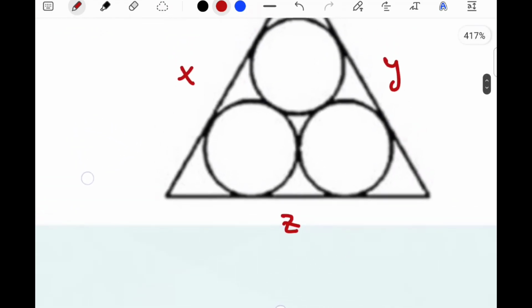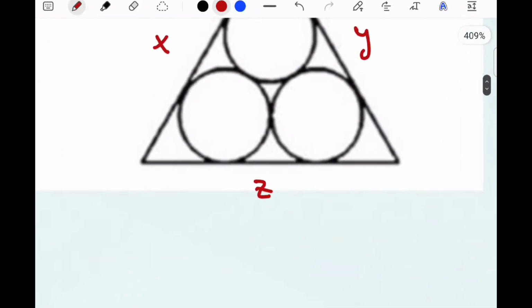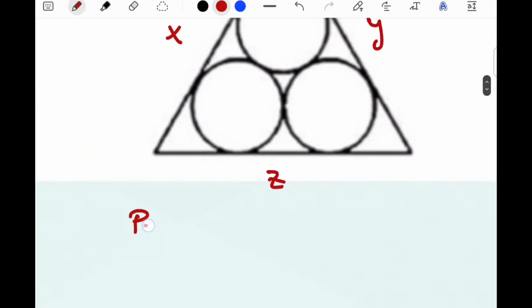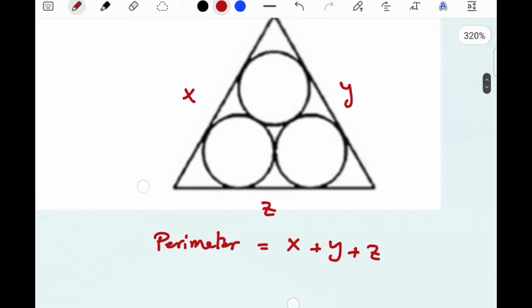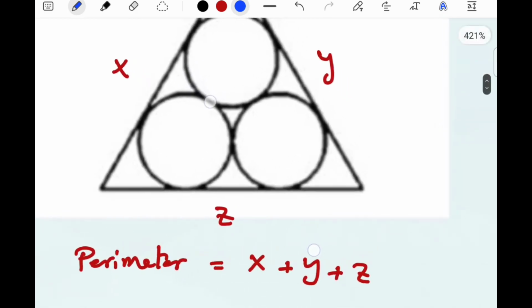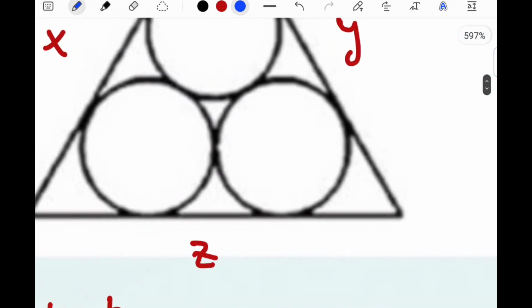So we know that the perimeter of this triangle is equal to x plus y plus z. So we need to calculate these sides. How do we do that? First of all, let's look at the circle. The circle has a radius of 4. Let's focus on this side.